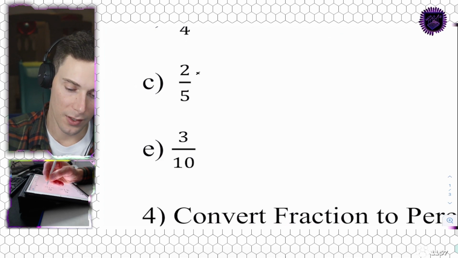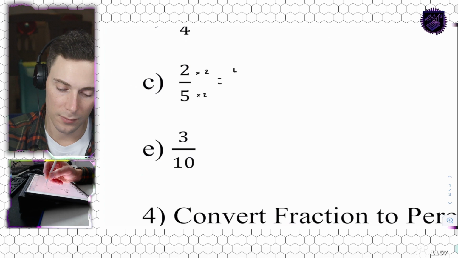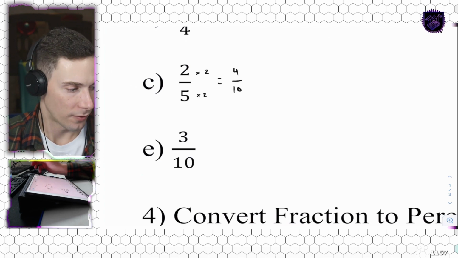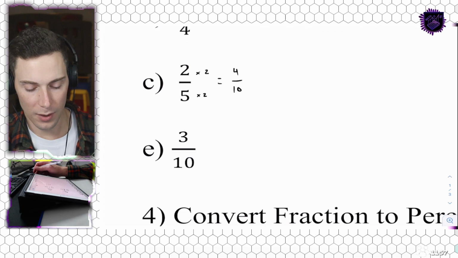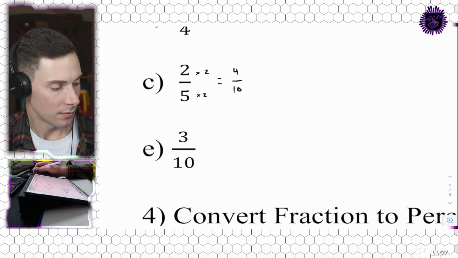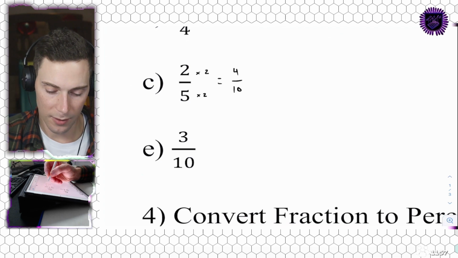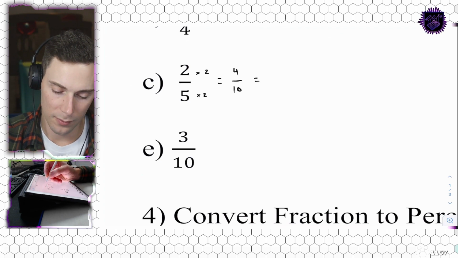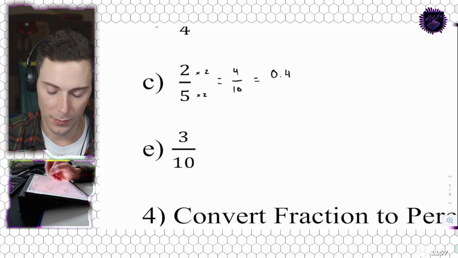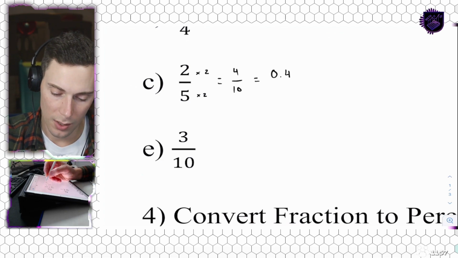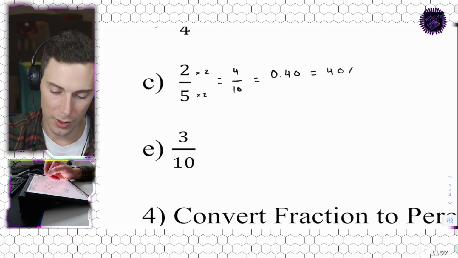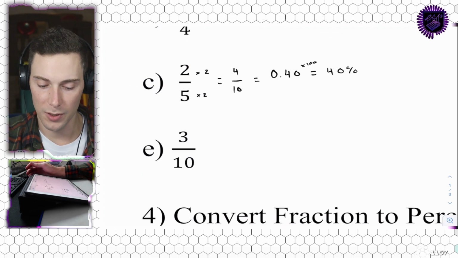So if we think of this as times 2 and times 2, we're creating an equivalent fraction that has a base 10, which is 4/10. It's kind of nice that way to then switch that into 0.4, and we can even think of it as 0.40, which is going to be equal to 40%, right? Because we're going to multiply this by 100, and it's going to get us to 40%.